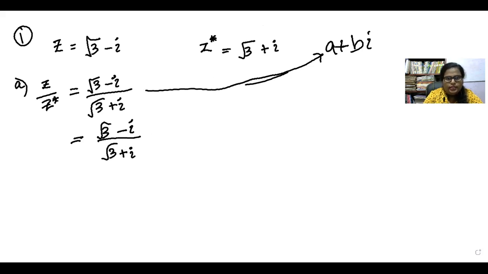So you know that the complex conjugate of this denominator is square root 3 minus i. So we have to multiply both denominator and the numerator by this complex conjugate. This is the simplification that we have to follow in these types of questions, because by using this simplification, we can make our denominator a real number, right?